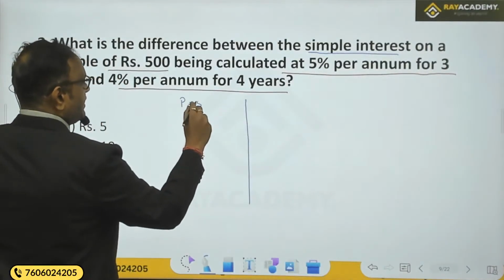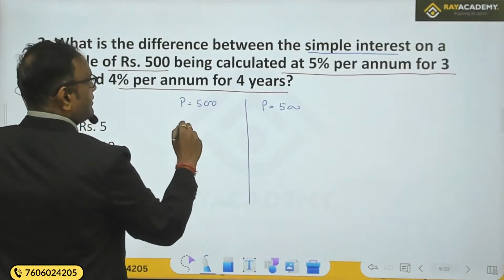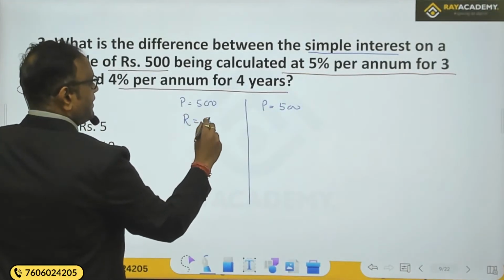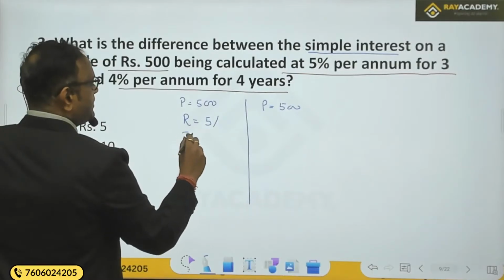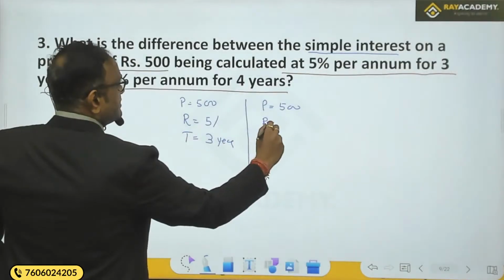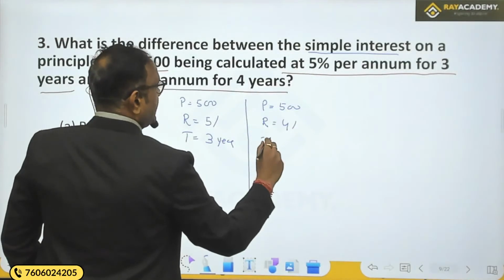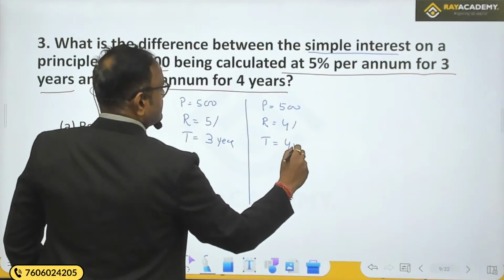Principal is given as 500. For the first scenario, rate of interest is 5%, time period is 3 years. For the second case, rate of interest is 4%, time period is 4 years.